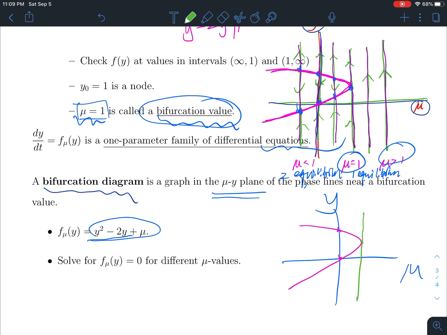This one is needed because it shows the scenario when we have only one equilibrium. A phase line needs the direction. Another one is when mu is less than 1, which is positive, down, up. Another one is when mu is greater than 1, where there's no equilibrium. So this is a brief introduction to the bifurcation diagram. Next we're going to work on an example.